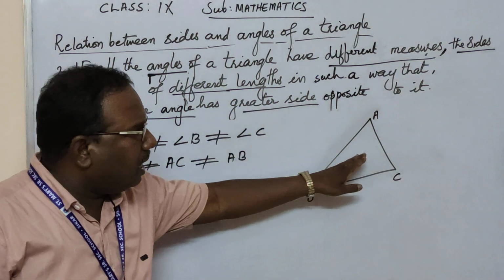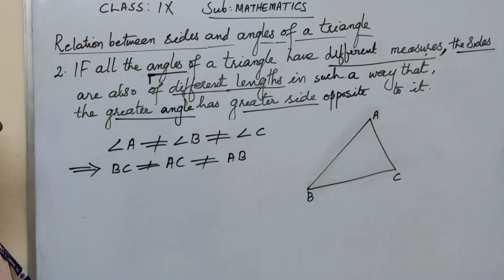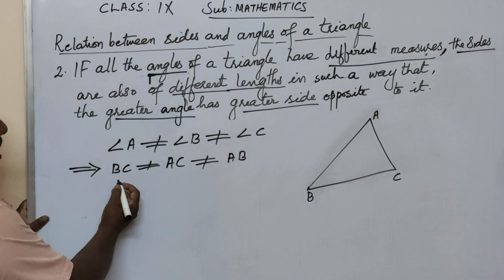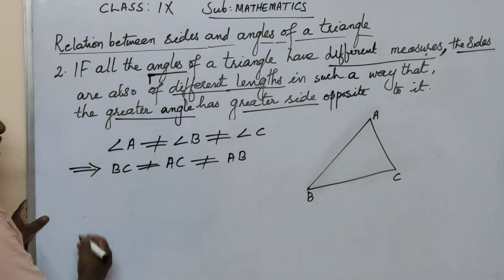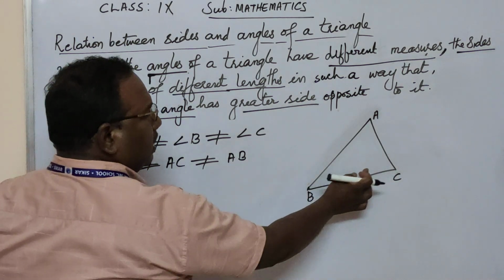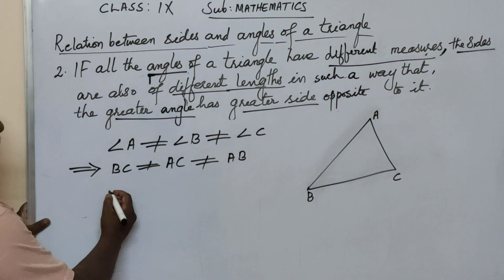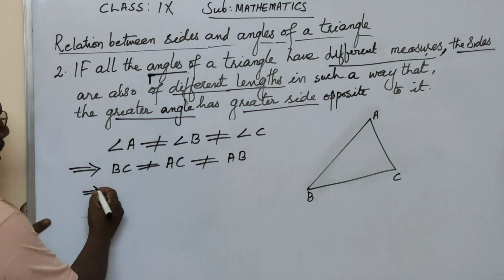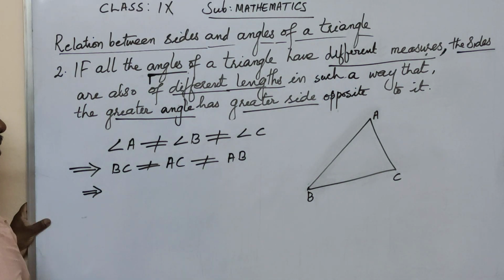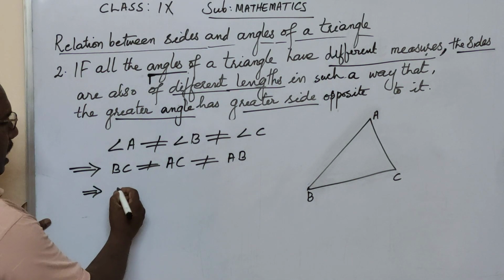And according to this triangle ABC, which is the angle opposite to this side AB?